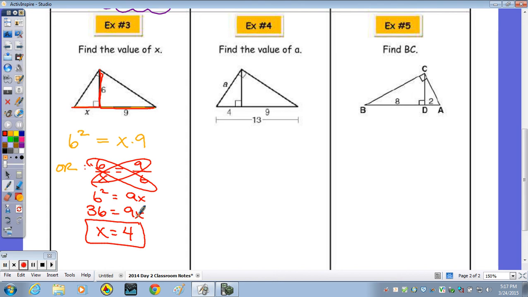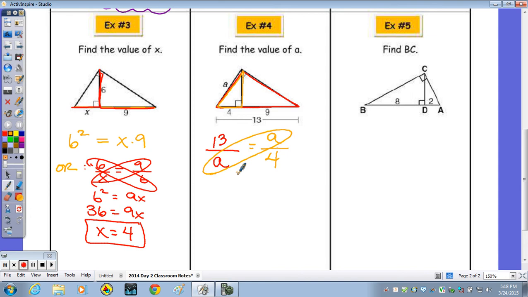So in the next one, again, always look to see if they give you the biggest one. They do. I would check that first. We're given the 13, which is the hypotenuse, to the short leg a. So within the triangle, I want to keep the same ratio. And the other triangle that's given is this one. So then hypotenuse over short leg. And keep in mind that when you set these up, you should see within one of your cross products the same variable or something repeating.